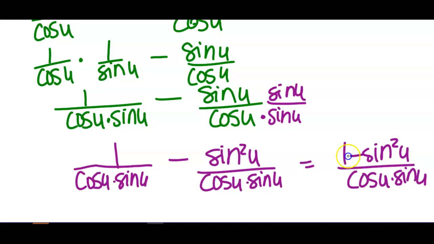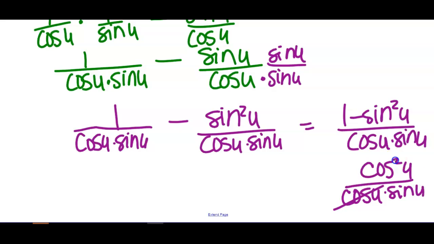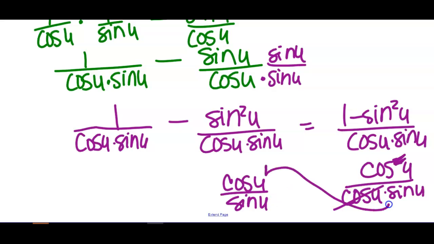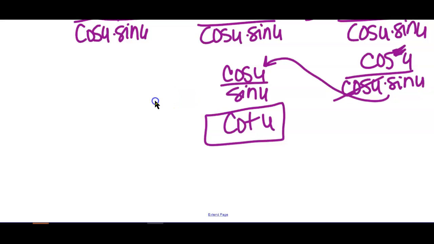Well, 1 minus sine squared is a cosine squared. So one of these cosines is going to divide out. And we end up with cosine over sine, which, sorry, I did this really messy, is a cotangent. So we got it down to a single function.